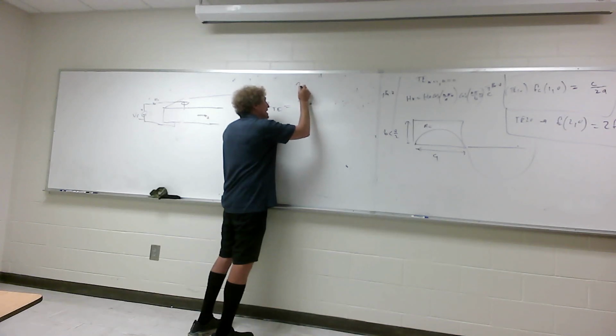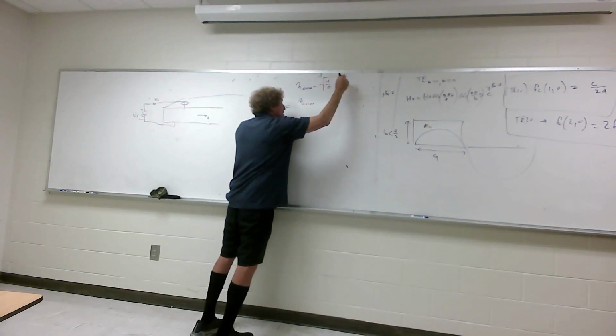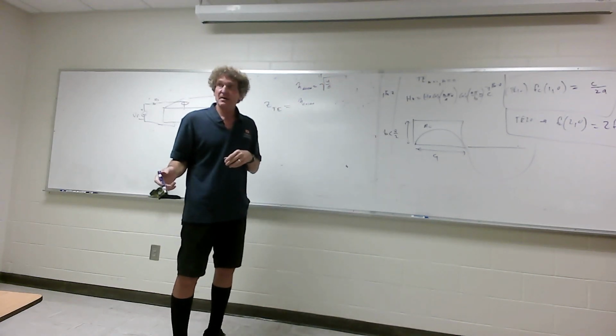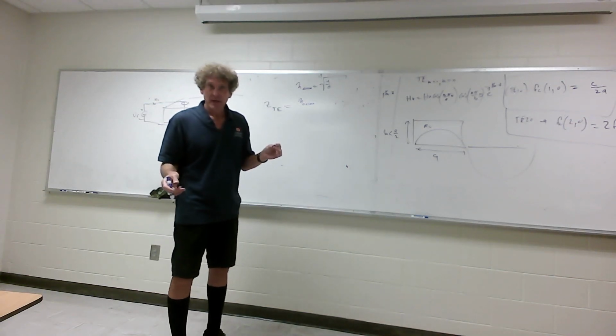Eta guide here is just equal to the square root of mu over epsilon. You're not going to get loss in materials, trust me. Any functional guide won't have anything of a high loss. It might have a very low loss. You all with me? It's about real.